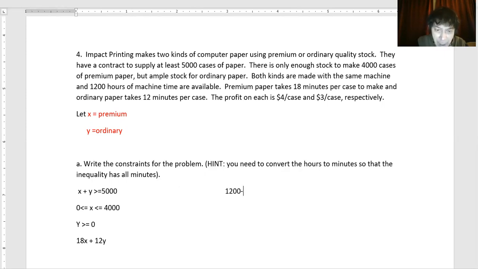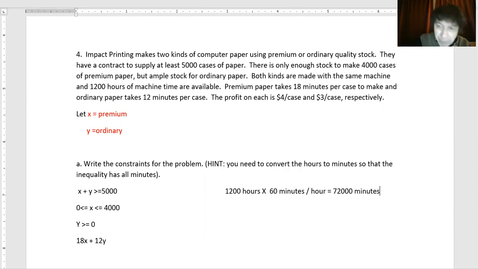We have 1,200 hours, and we multiply this by 60 minutes per hour. And so hours and hours cancels out, and the unit here will now be in minutes. This will be 72,000.